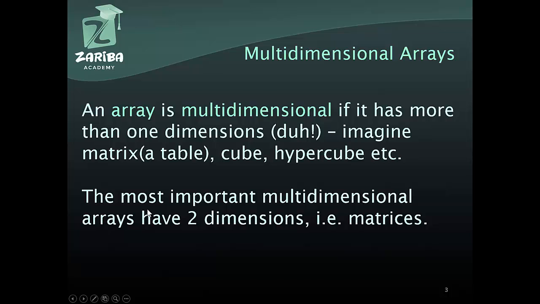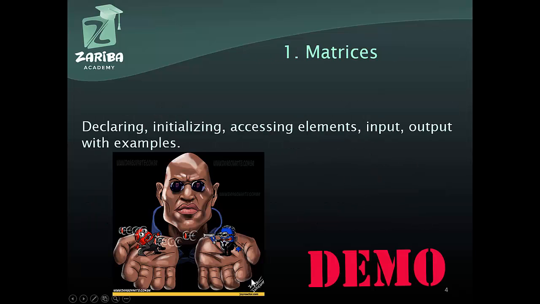We'll be looking at matrices mostly. I haven't had experience with three-dimensional arrays, but I'm sure somewhere they can be used, and it's not going to be that complicated to go from 2 to 3 or from 3 to 4. If you need it, then you probably know what you have to do and which kind of array you have to use.